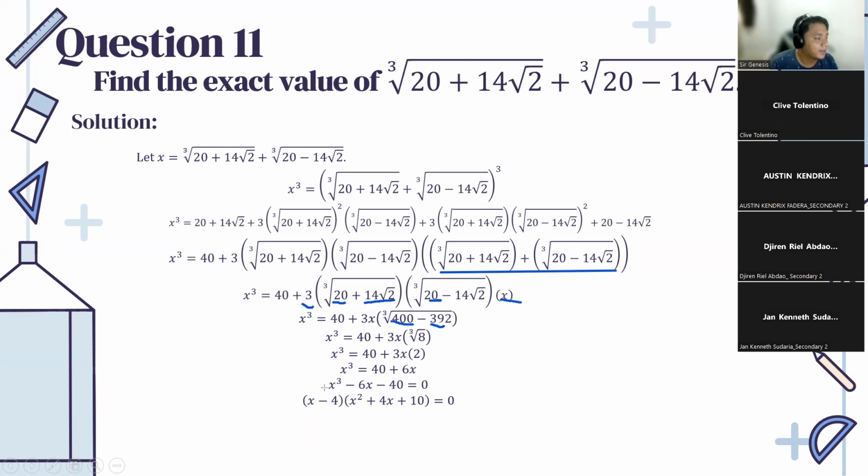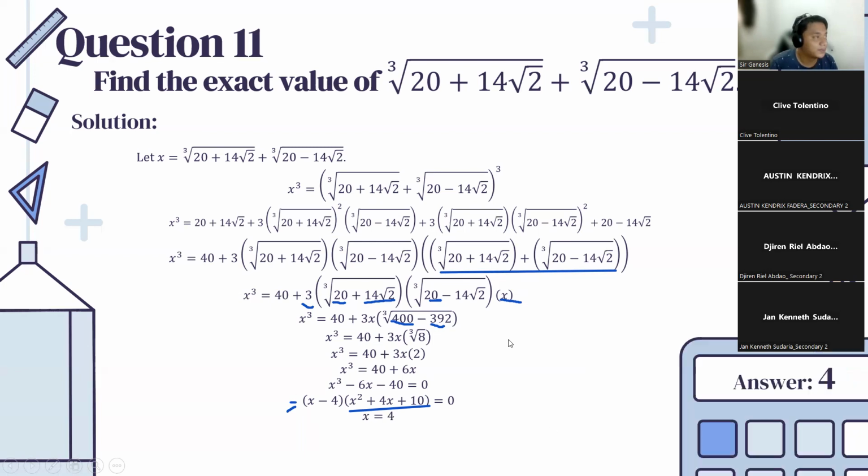Well, this one, we can't get factors here, but we have one integer here that is equal to x. So the answer will just be x is equal to 4. So that is number 11. x is equal to 4.